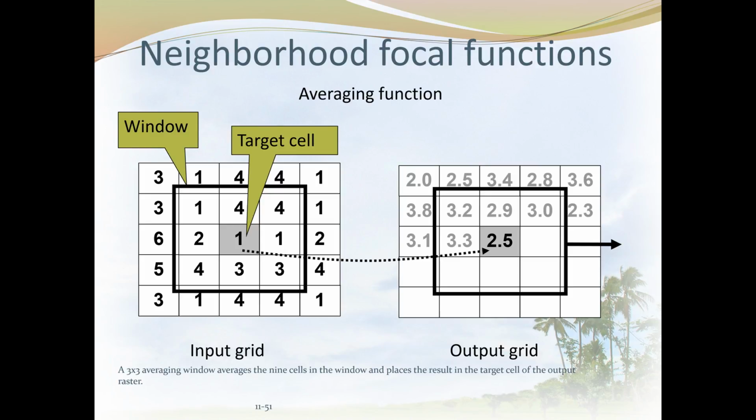So consider a 3 times 3 cell average window for each target cell of the output raster. The window then moves to the next cell. An edge cell is still evaluated, but will have fewer cells in the neighborhood, and the cell in the upper left corner has only 4 values to average: the target and its 3 neighbors. A filter is another name for a focal function.